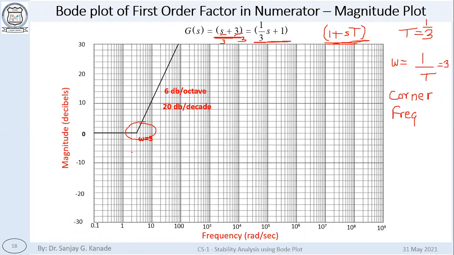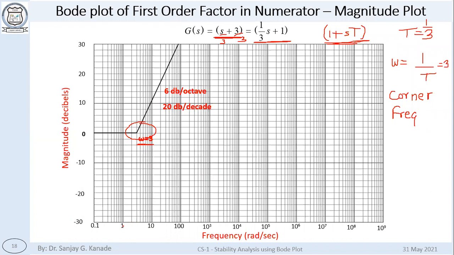The important point which I explained the other day is to see where this omega equal to 3 is. As I explained the other day, every division is going to be the addition of the previous major value.